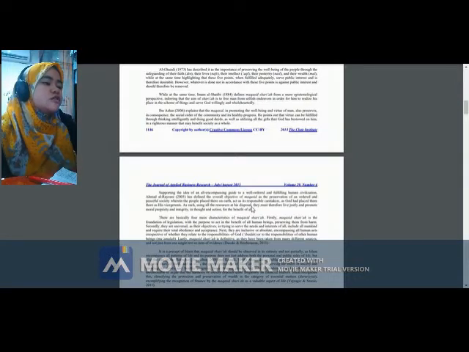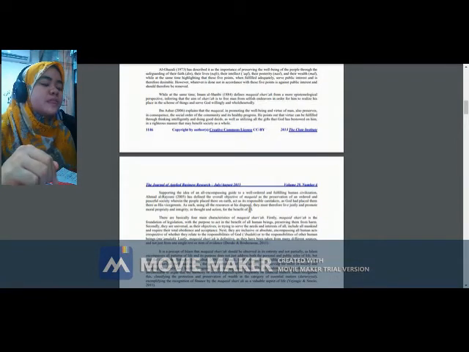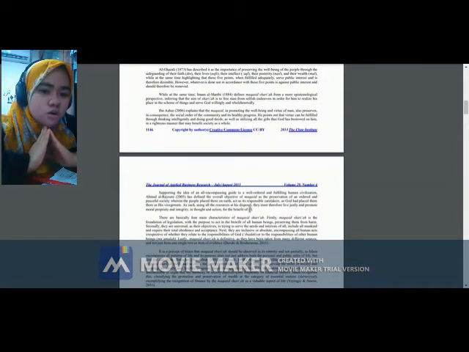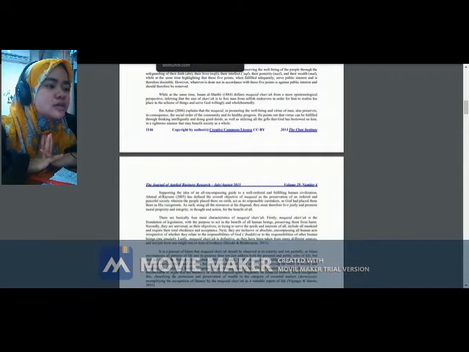The foundation of the Islamic economy is based on the concept of economy. In this journal, point number 2, the foundation.